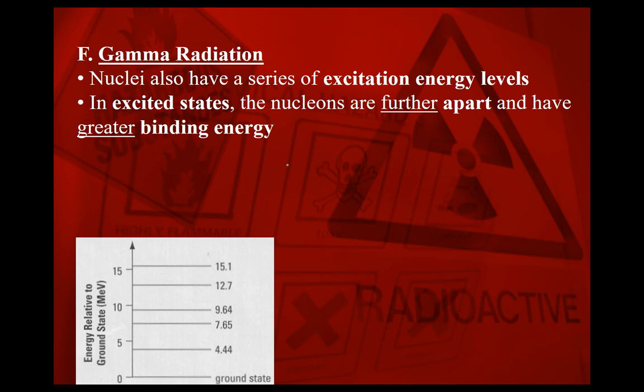When a nucleus is in an excited state, the nucleons are further apart. When they're further apart, there is a greater amount of energy required to hold the thing together. This might seem to be a contradiction: if the nucleons are closer together, wouldn't the repulsive force be driving them apart, and wouldn't you need greater binding energy?